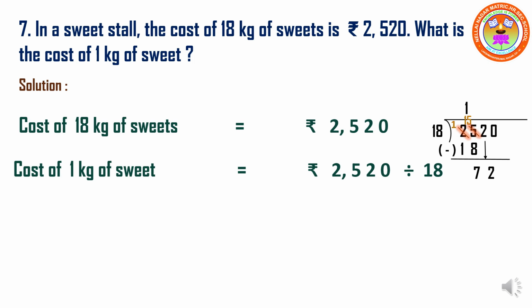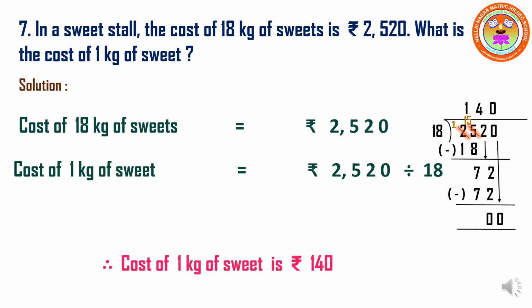Now let us bring 2 down. Therefore we get 72. 18 into 4 is 72. Subtracting 72 minus 72 we get 0. And there is one more 0 in the dividend. So let us bring that 0 down. Yes, and we get 18 into 0 is 0. Therefore the remainder is 0.